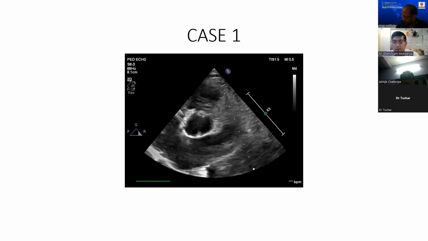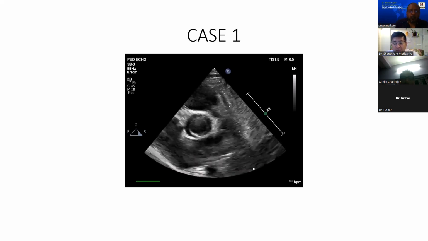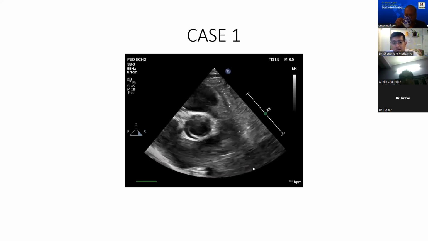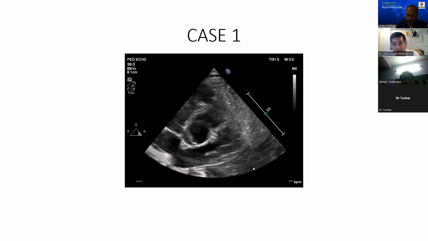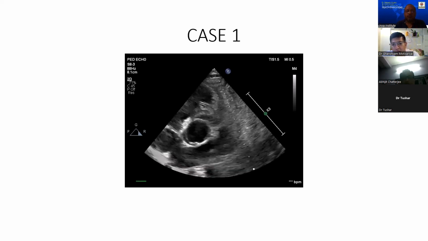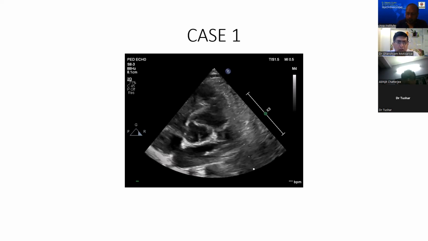Okay, fine. Now, what can you see there? I can see the aorta, left atrium, right atrium, right ventricle, right ventricular outflow tract. I see a tricuspid valve, pulmonary valve.